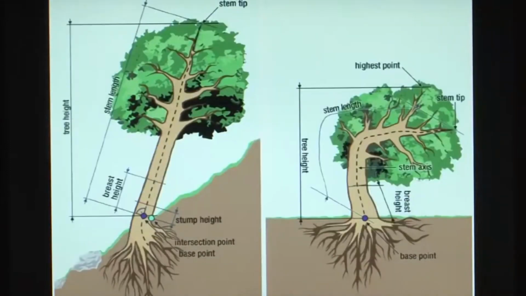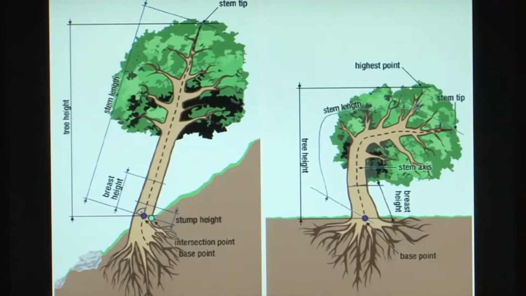However, what will happen if the tree itself is leaning or if the tree is bent? As we can see in these figures, the tree height would again be the vertical distance from the tip or the top of the tree to the ground, and here the ground would be measured at the point from which the tree is emerging from the earth's surface.